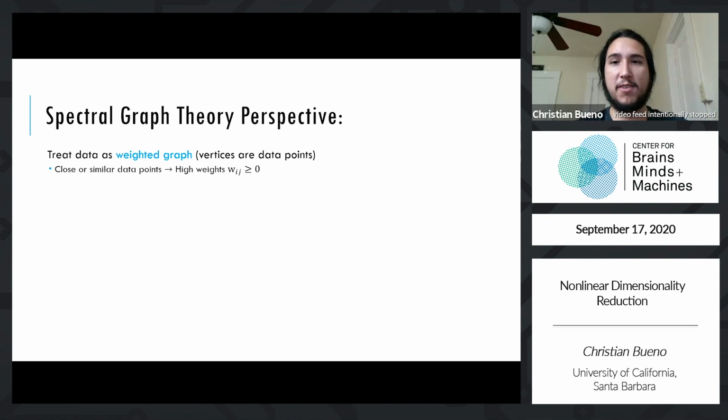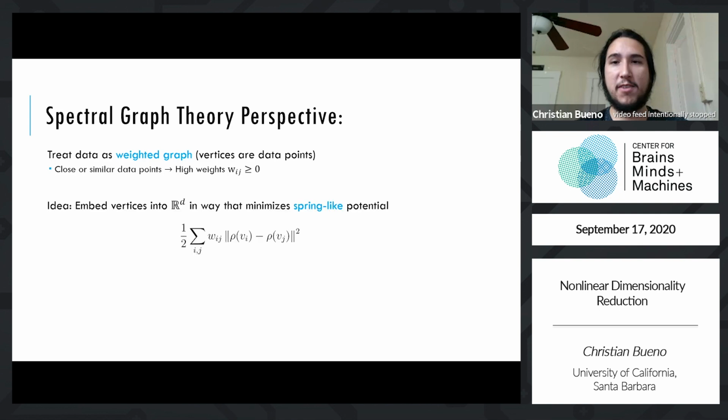And spectral graph theory has answers to those questions. So we look at our neighbor graph, or even a slightly different graph, maybe with weights, where high weights mean very similar or close, low weights mean probably not similar. And then we ask ourselves, how do we draw this graph in 2 dimensions, 3 dimensions, and so forth?